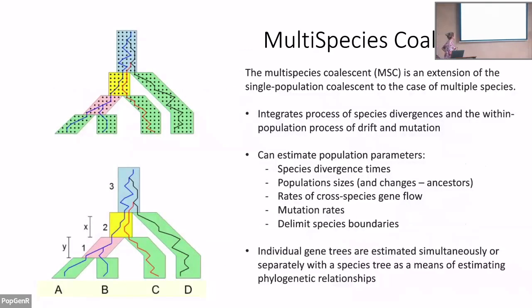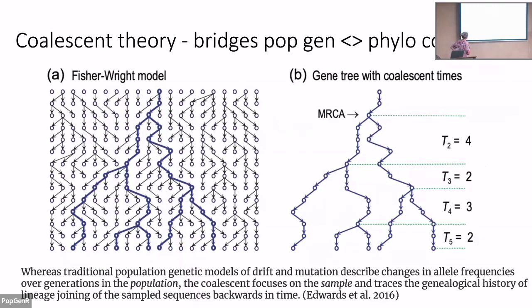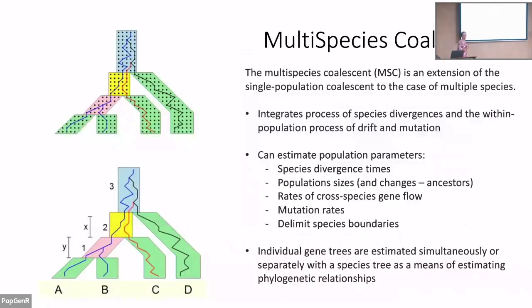So the multi-species coalescent, this is done at an individual gene scale. Then these multi-species coalescent models extend this single coalescent to the case of multiple species, and it integrates species divergence with processes of drift and mutation, and you end up estimating the divergence time and theta, so the effective population size, and you get that for each population or lineage, as well as the ancestors, and you calculate that back through history.